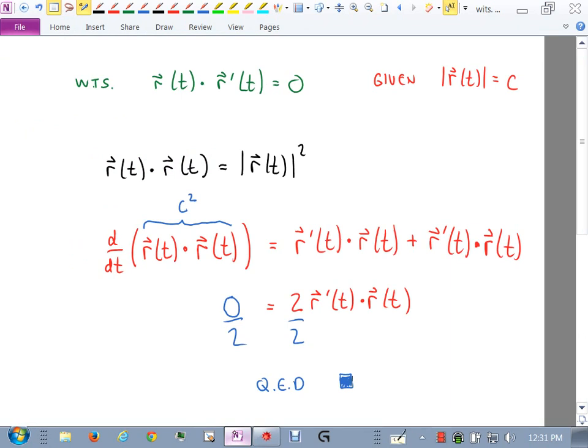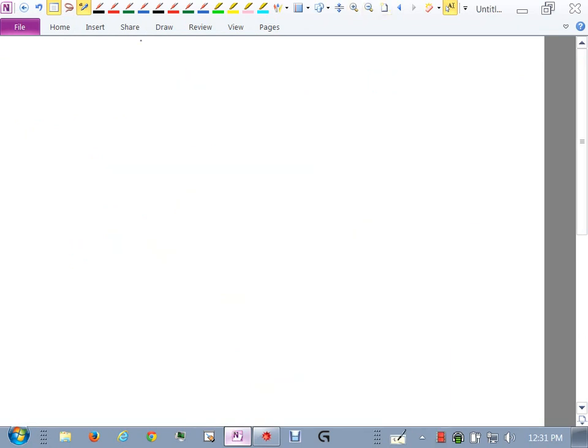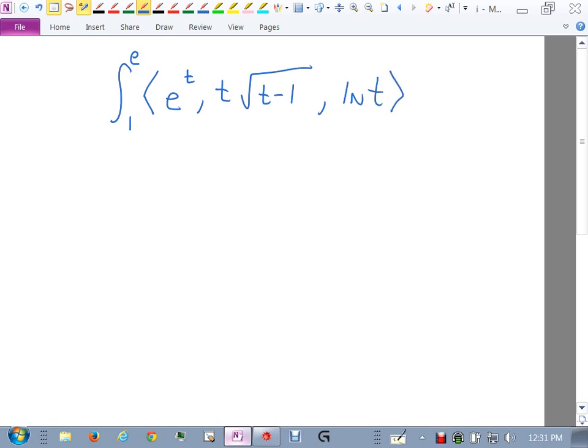Do that one real quick. So if we want to integrate from 1 to e, the vector function e to the t, t square root t minus 1, natural log t, dt.